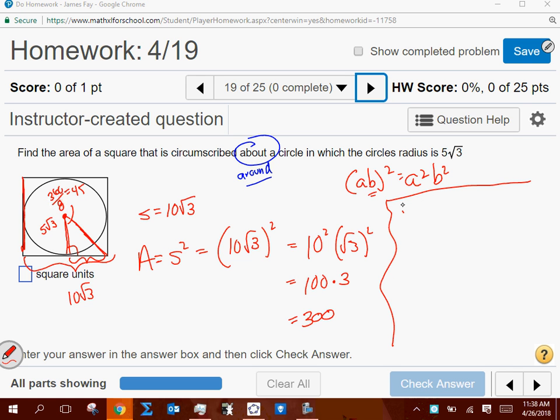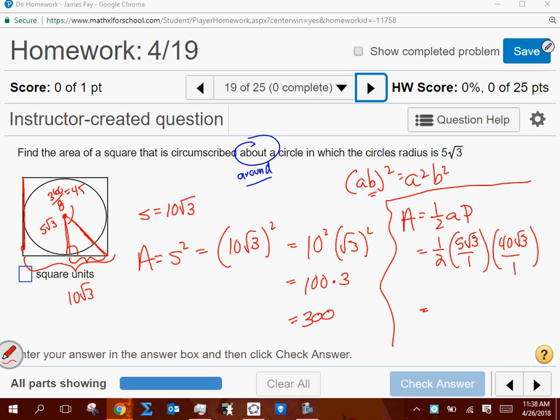But if I'm going to use the area of a regular polygon as 1/2 the apothem times perimeter, my apothem in this case is 5 radical 3. What's my perimeter going to be? Isn't it going to be 40 radical 3? Does that make sense?